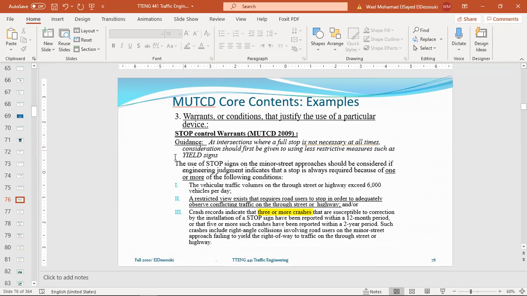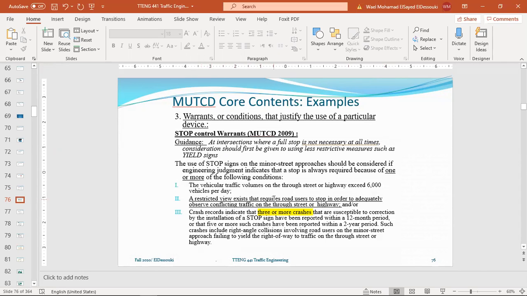Then the use of a stop sign on the minor street approaches should be considered if engineering judgment indicates that a stop is always required because of one or more of the following conditions. These are the warrants. So for example, you have here vehicle traffic volumes, and a restricted view exists.